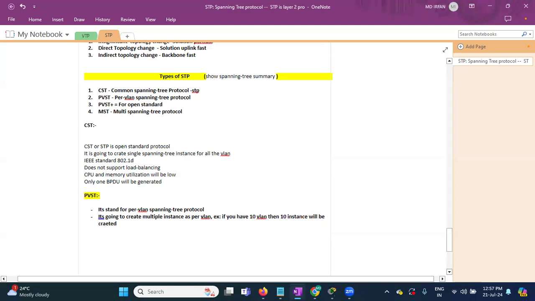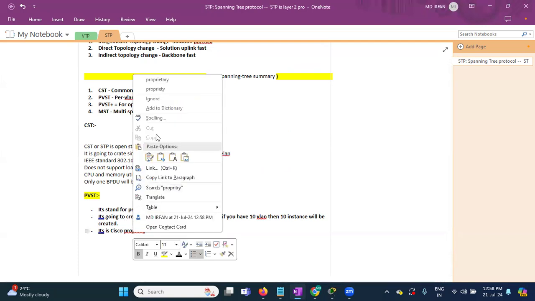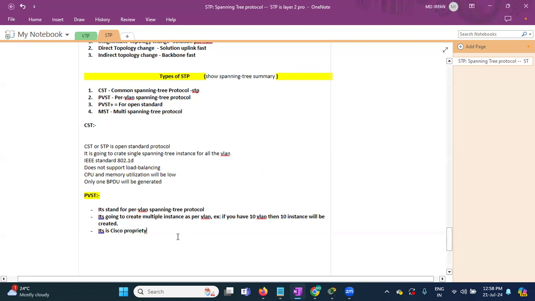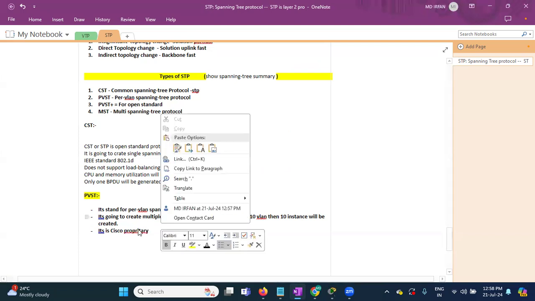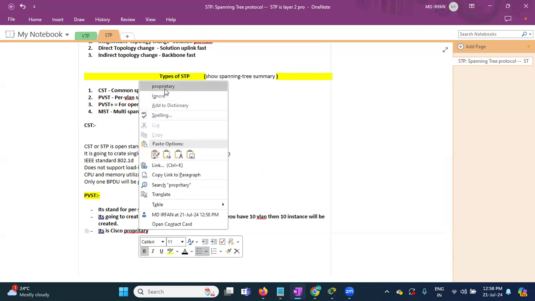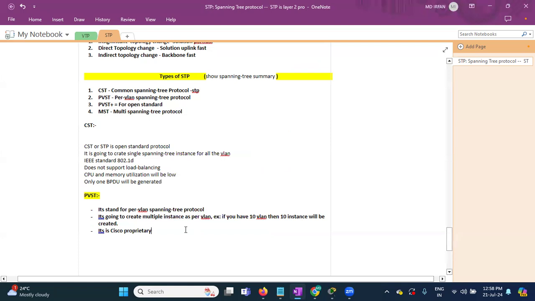Then it is Cisco proprietary. Cisco proprietary means we can use it between Cisco devices only, right?